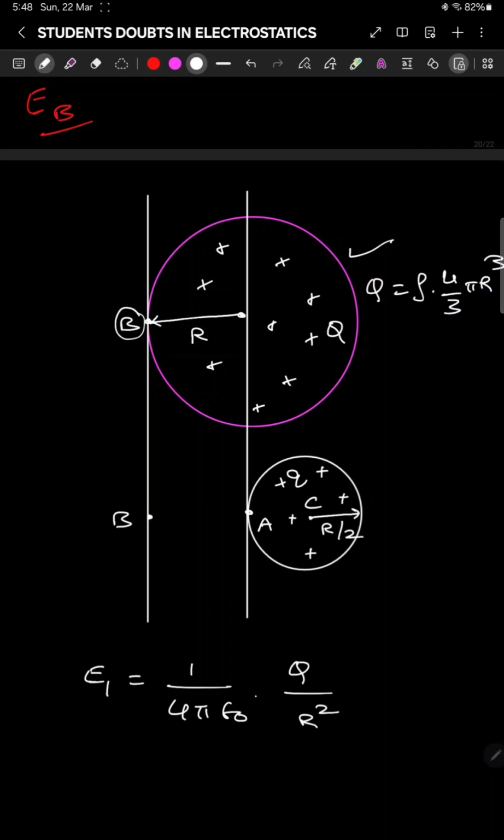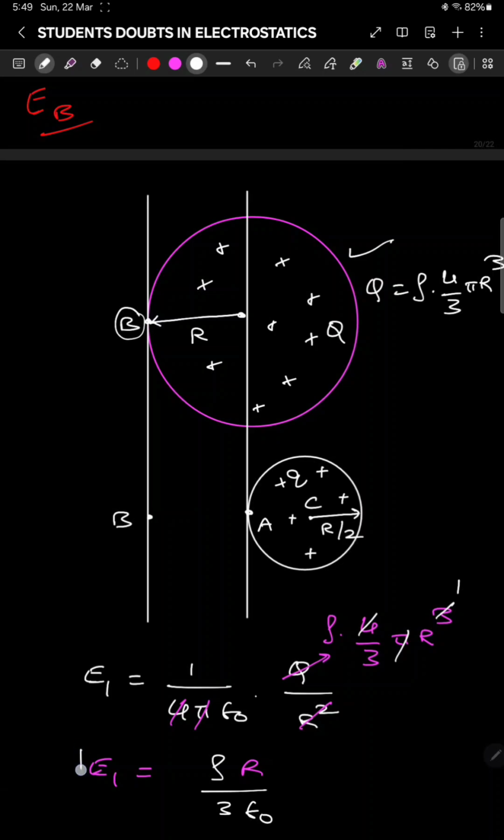So in place of Q, substitute rho into 4 by 3 pi R cube. So what you will get is, 4 pi gets cancelled, we got rho R by 3 epsilon naught. So this is E1.